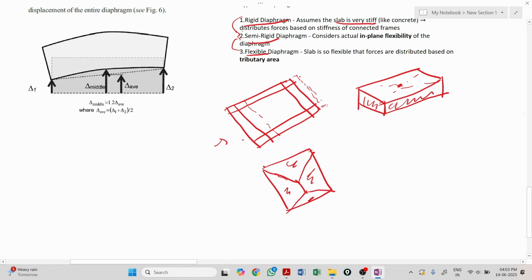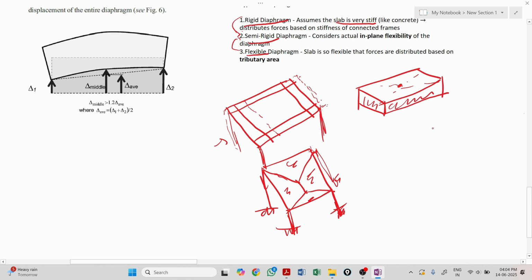The load will be transferred to the bottom. This is how it works. And in this case, the load will not be transferred too much, only a little amount will be transferred to the bottom. That is how it works.